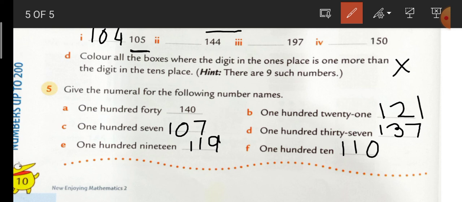Okay, now we will try to do question number D. Okay, now the question D says color all the boxes where the digit in ones place is only one number more than the digit in the tens place. Okay, now let us see this.